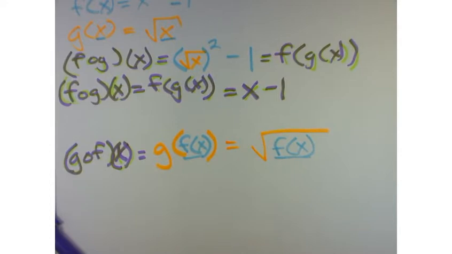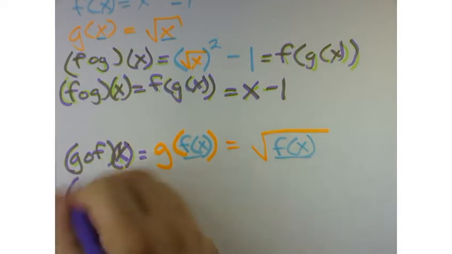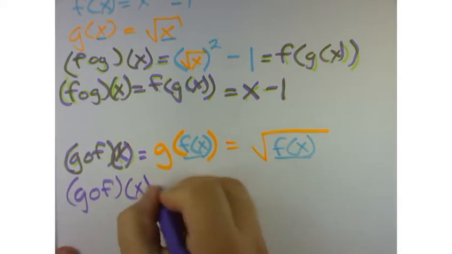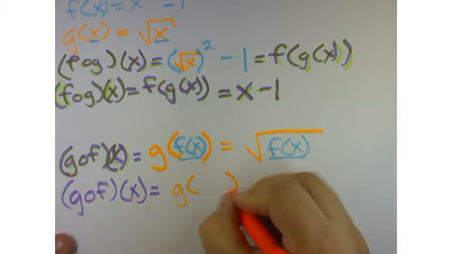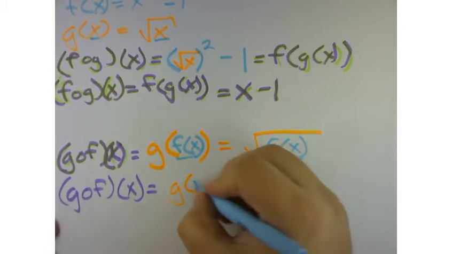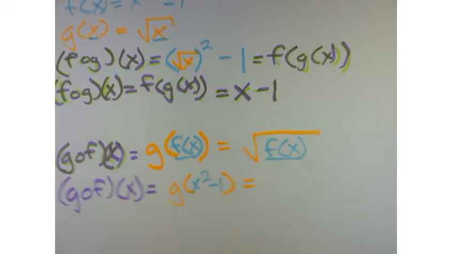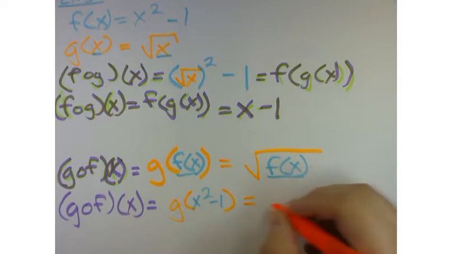So now in the next step, if I were to say g of f of x, I would get g of, now what is f of x though? x squared minus 1, right? Do you guys see that? So on the next line, what do I write down?